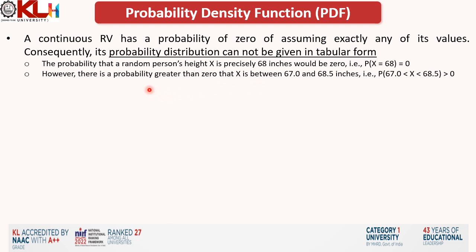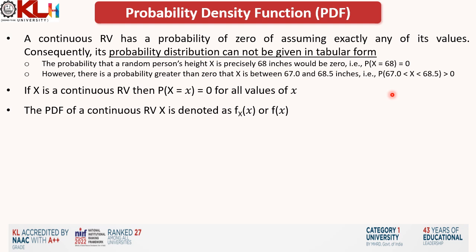However, the probability that x takes a number between 67 to 68.5, for example, is greater than or equal to 0. So because of this reason, we cannot have a tabular form for the probability density function in the case of continuous random variable. So instead, for the continuous case, we define it as a density. So to get the probability, you have to multiply the density by certain length.